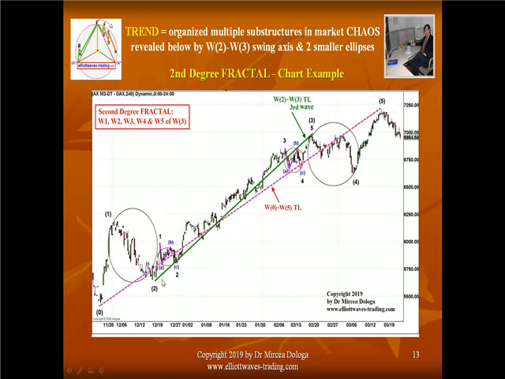If we look from the beginning to the end of W3 parentheses, we have this trend line, which shows us the first correction closer to the beginning of W3 parentheses and the last correction closer to the termination of W3.